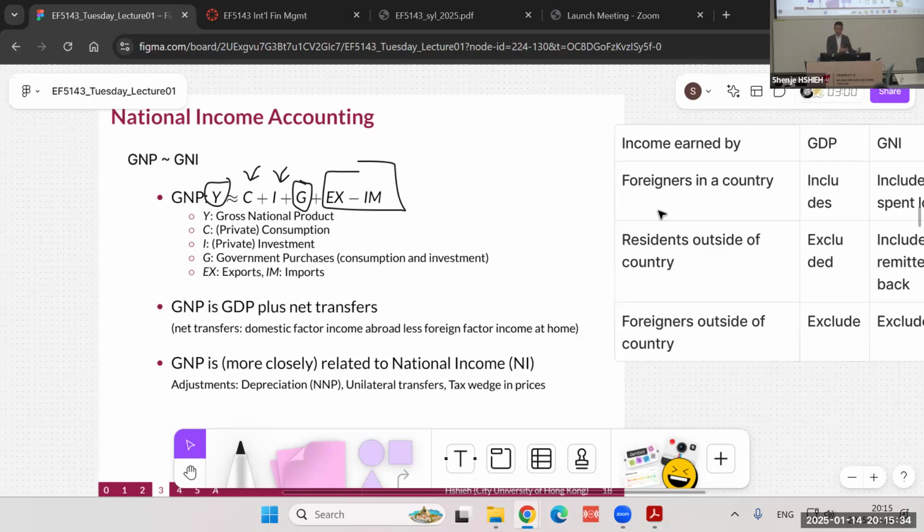When you export something, you are denying yourself of consuming those things today, and you're lending real goods and services to other countries today. You take their money, you extend them credit so that you can spend what you want sometime in the future. So EX minus IM is just savings or borrowing abroad, in financial terms or in terms of real goods and services. Hopefully this definition is obvious.